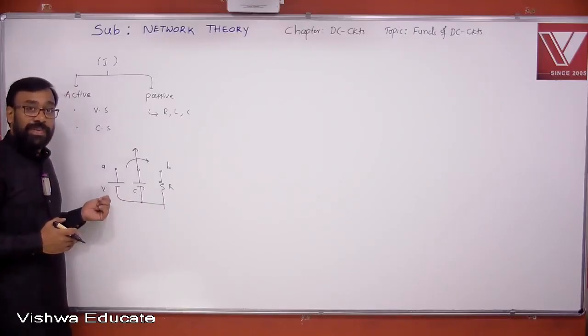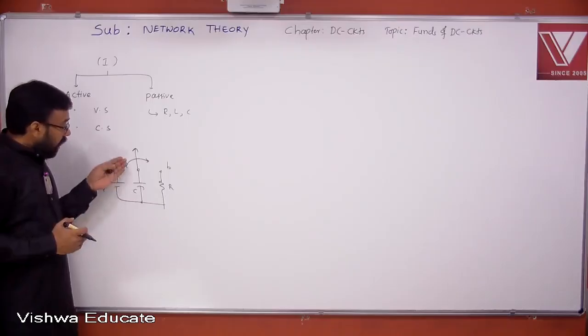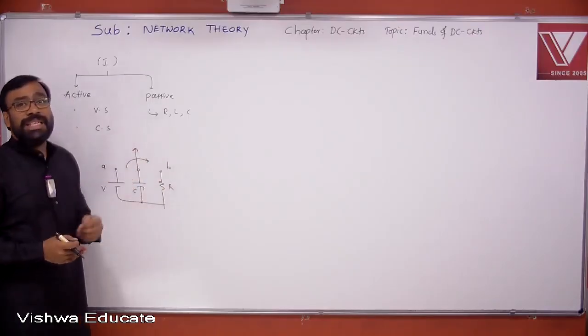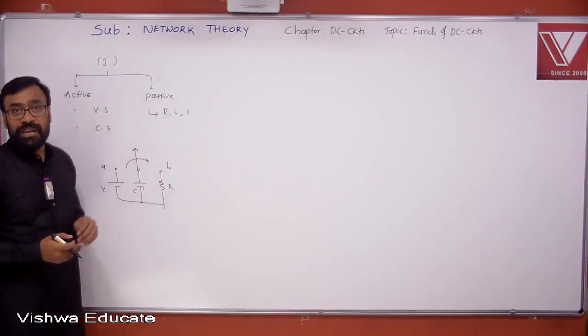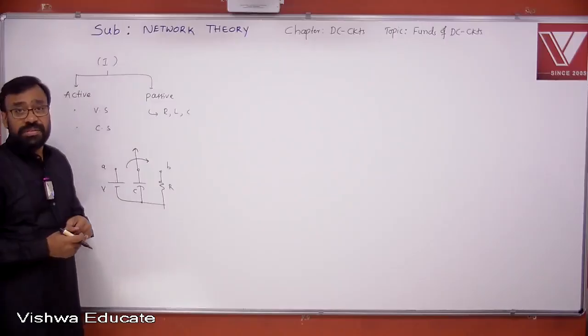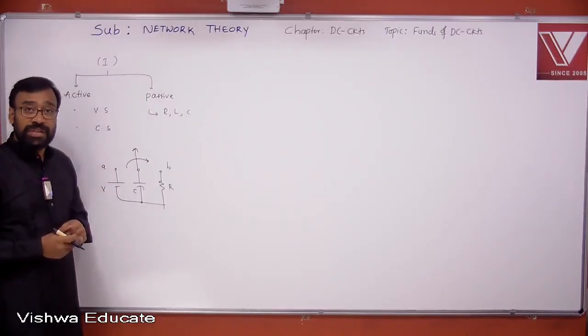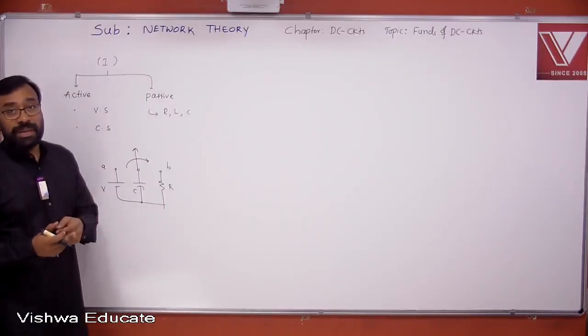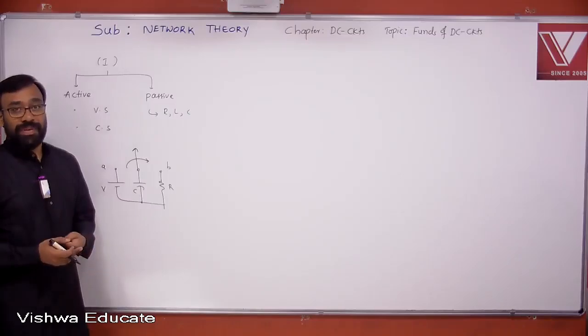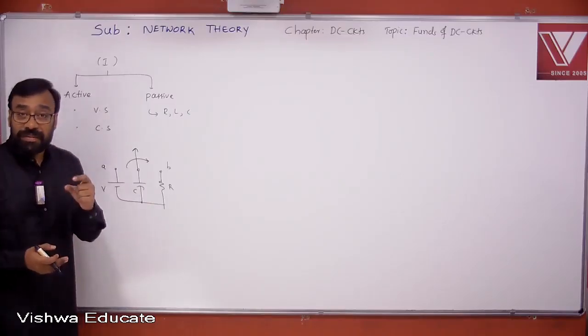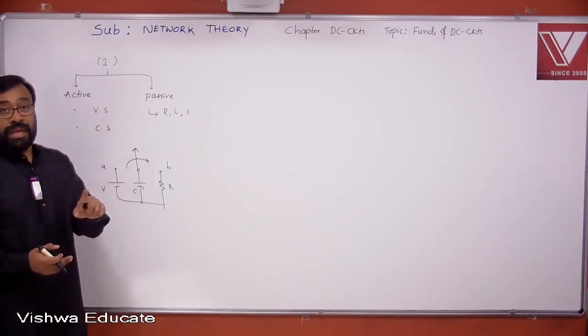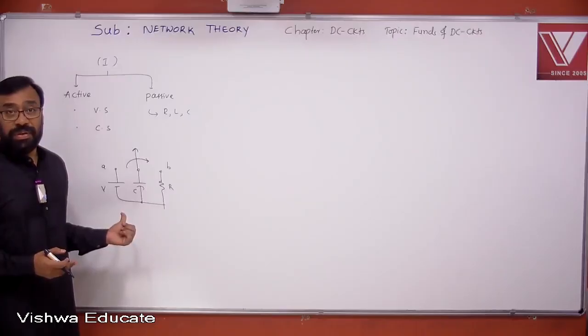Again, that is also one important point we need to note down. In the second case, when the switch is moved from A to B, because the capacitor was already charged, it is supplying the power, but only for some time, not for infinite time like a voltage source. Yes or no, all of you?